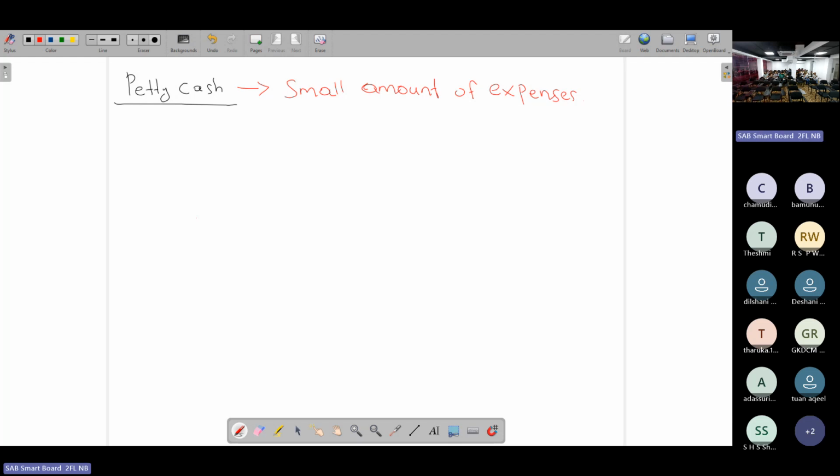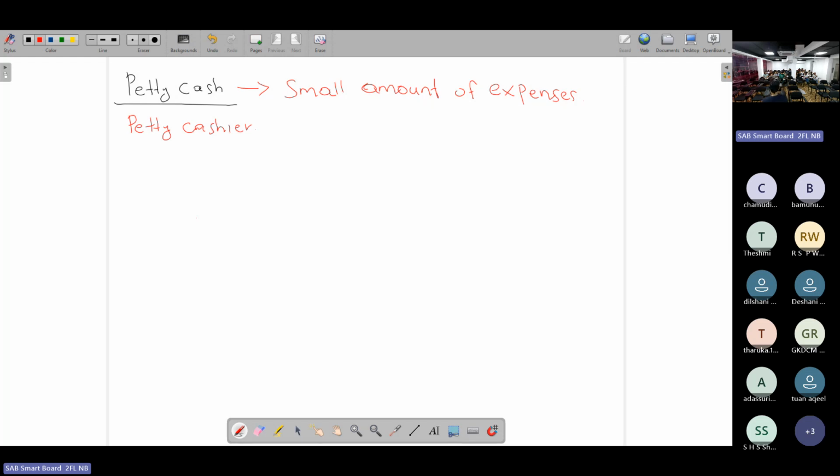He is the person handling all these small amounts of expenses. The accountant won't handle these small expenses, but he is responsible.